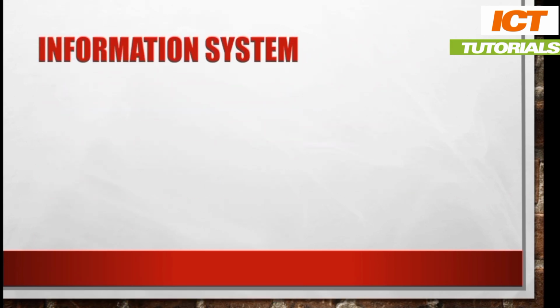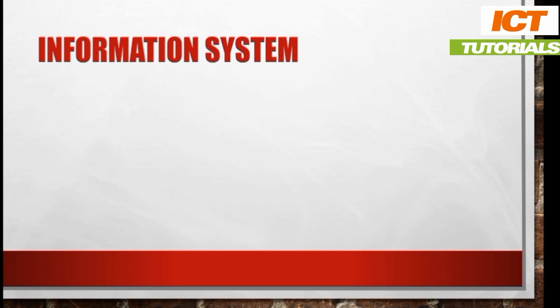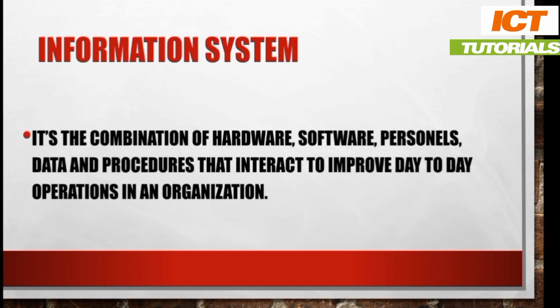What is now information system? We are beginning with the definition of terms. Information system is a combination of hardware, software, personnel, data, and procedures that interact to improve day-to-day operation in an organization. And remember, we continue to find that the information system is the major part of the computer, because we are going to look at the processing devices.